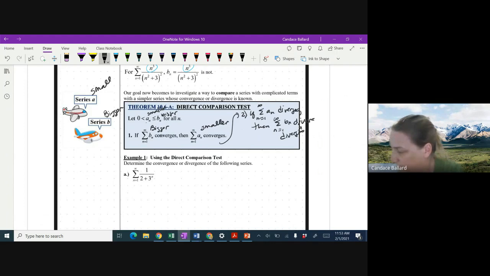You only need to write diverges once. So that one is focusing on if the smaller diverges, then the bigger will diverge.